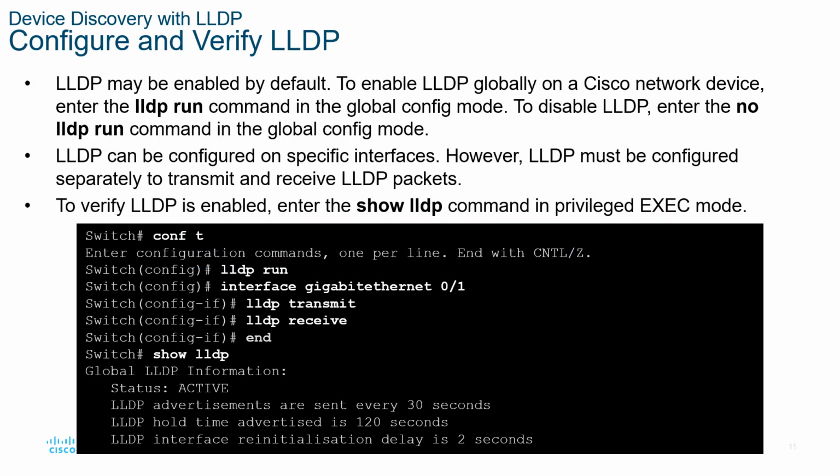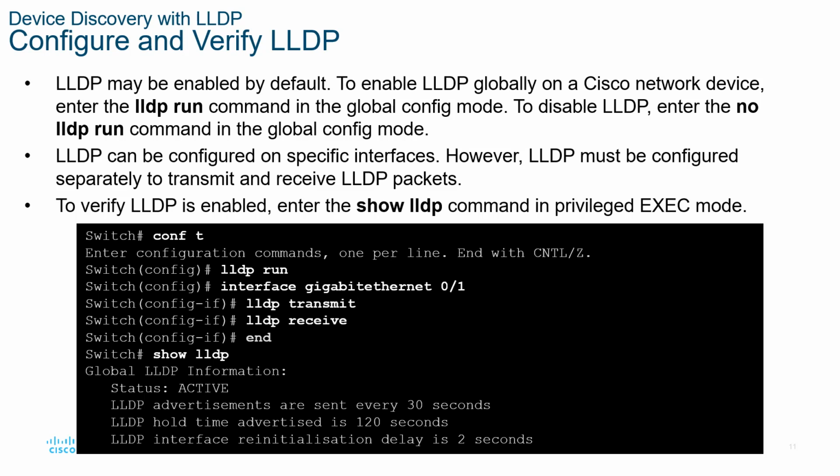How do we configure it? Well, we have to do a little bit more with our LLDP. We actually have to navigate to the global configuration and use the lldp run command. This basically will allow us to enable it globally. To disable it, we would do no lldp run, again from the global configuration.